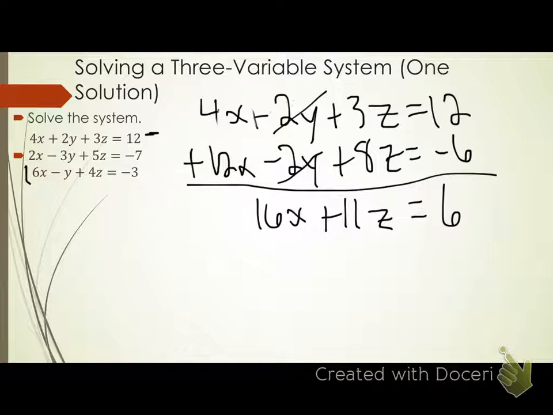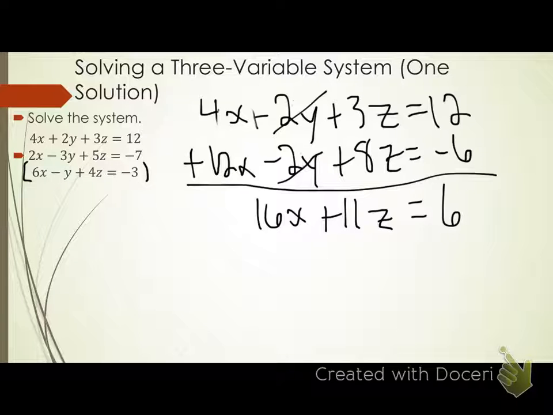So now I'm going to look at my second equation with my third equation and eliminate y once again. That way I have 2 equations with the variables x and z. So I need to multiply my bottom equation by something again. Now I need to look at my second equation. My second equation has negative 3 in front of the y variable.